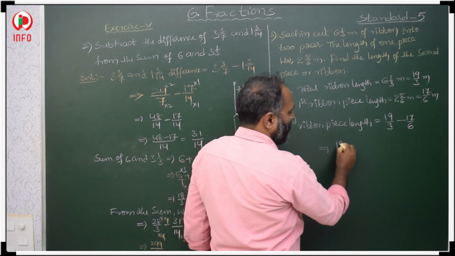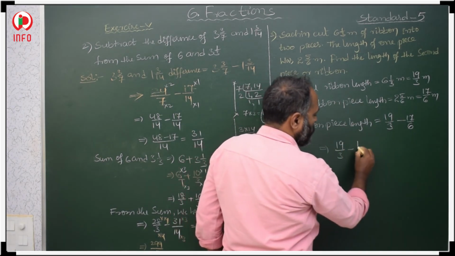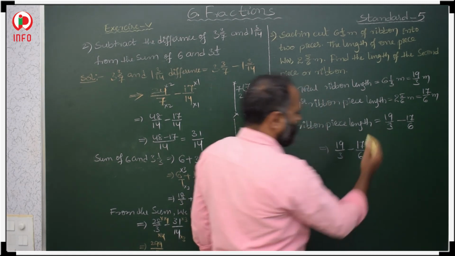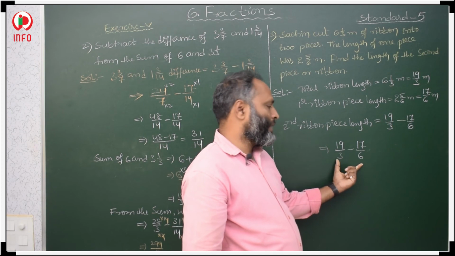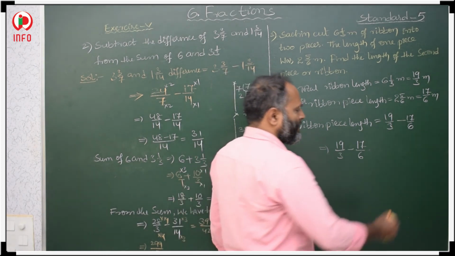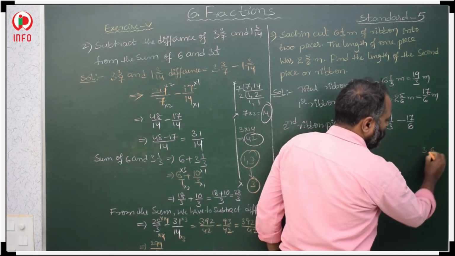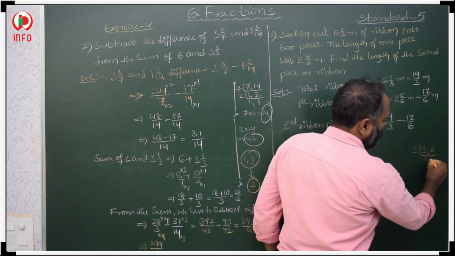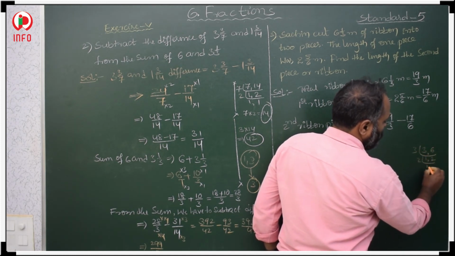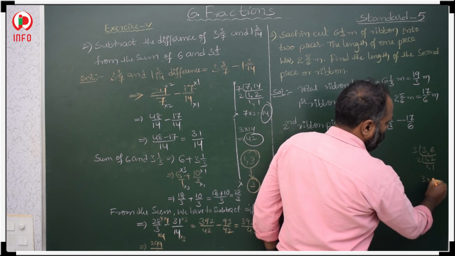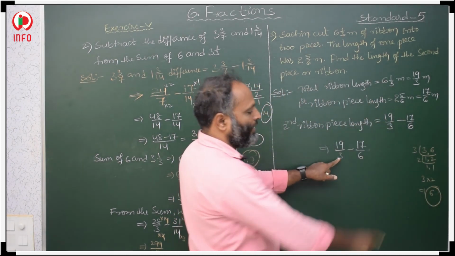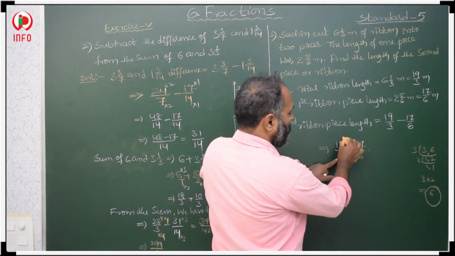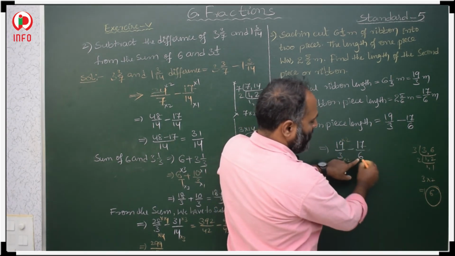That is 19/3 minus 17/6. First we have to convert this into like fractions. We have to find the LCM of 3 and 6. 3 2s are 6 is the LCM. In the 3 table, when you get 6, 2s are, multiply with 2. In the 6 table, when you get 6, 1s are.